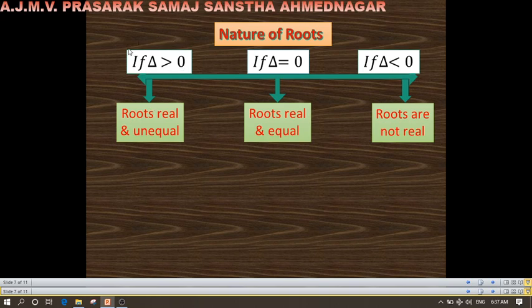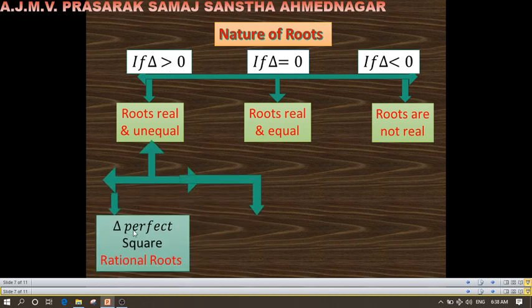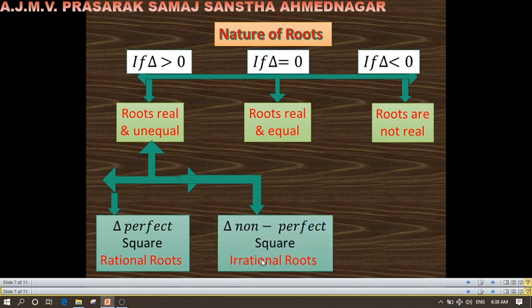Now, in the first case, if we study the detail, if delta is greater than 0 and it is a perfect square, then the roots are rational roots. And if delta is greater than 0 and not a perfect square, then the roots are irrational roots.